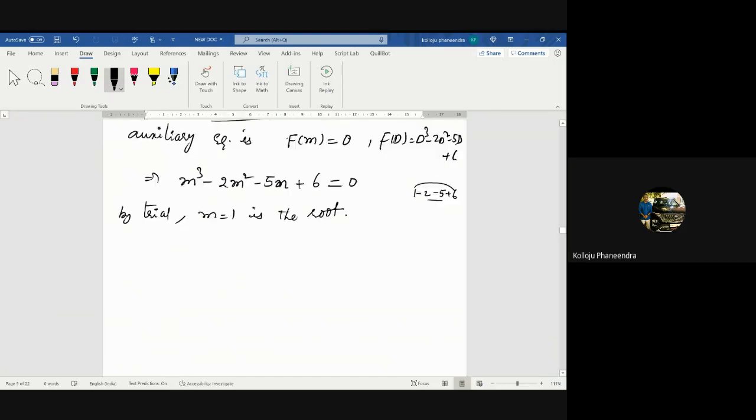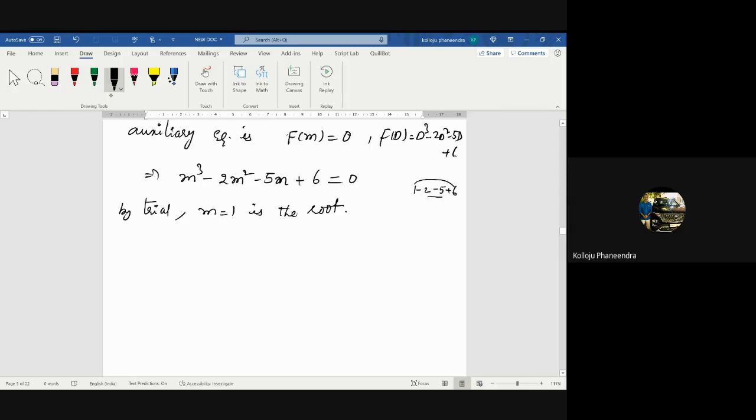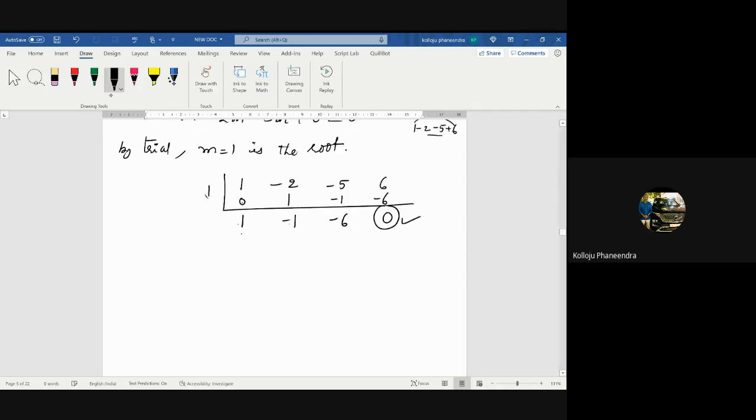Now, you know synthetic division. What is that? Cube quotient, square quotient, m quotient, and constant. And what is the root? 1. Put 0. 1 plus 0, 1. 1 into 1, 1. Minus 2 plus 1, negative 1. 1 into minus 1, minus 1. This is minus 6. 1 minus 6, minus 6. Adding, 0. You have to get definitely 0 here. And what are these? These are the quotients of the quadratic expression.